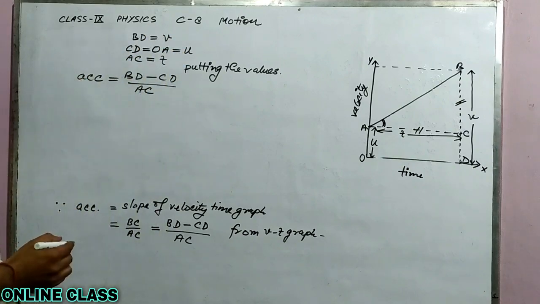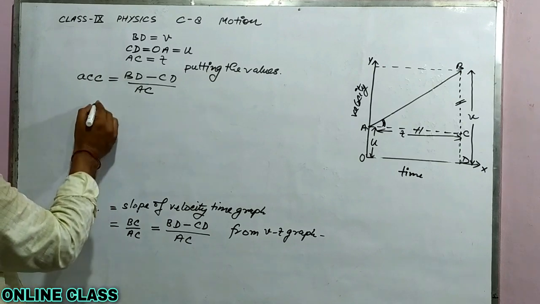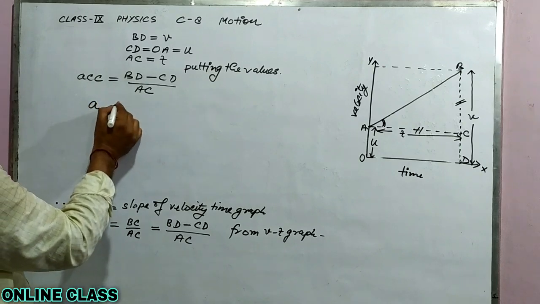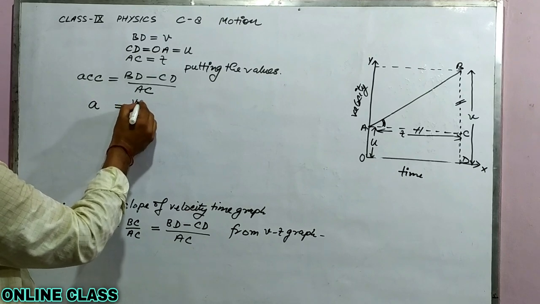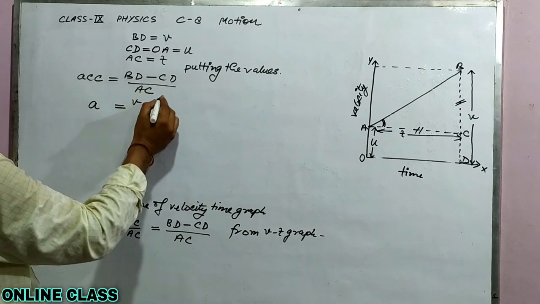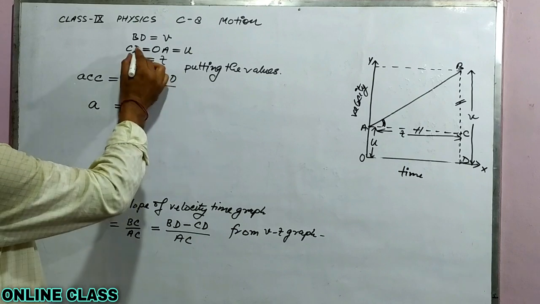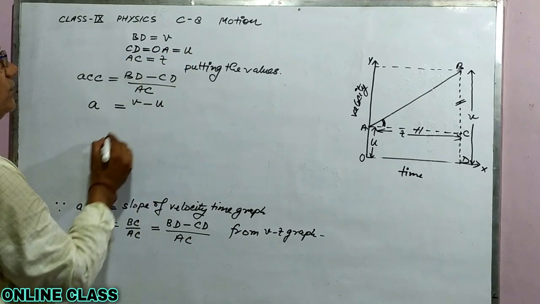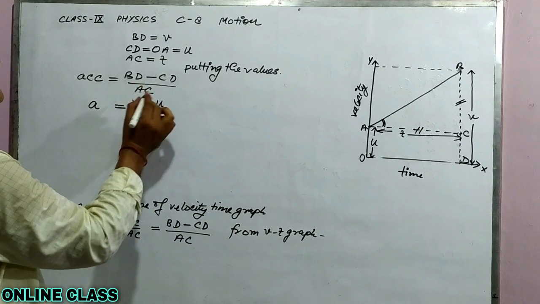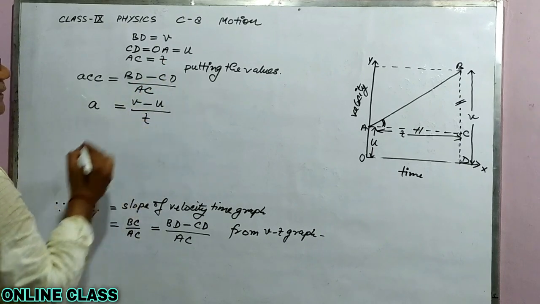As you know, acceleration equal to small a, BD is v minus CD equal to OA equal to u, upon AC means t.